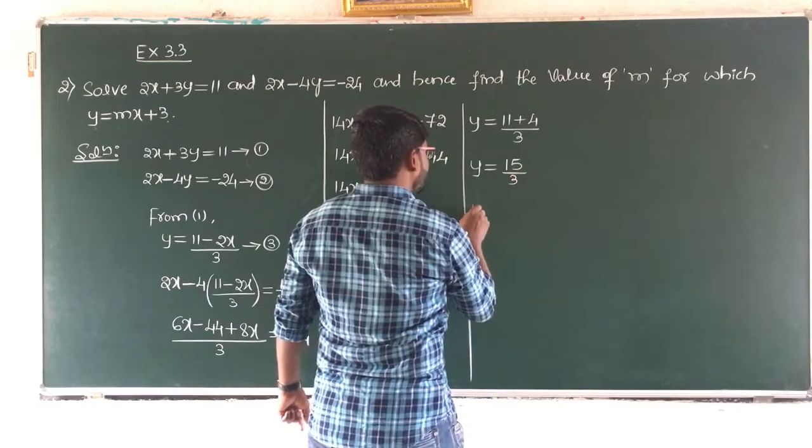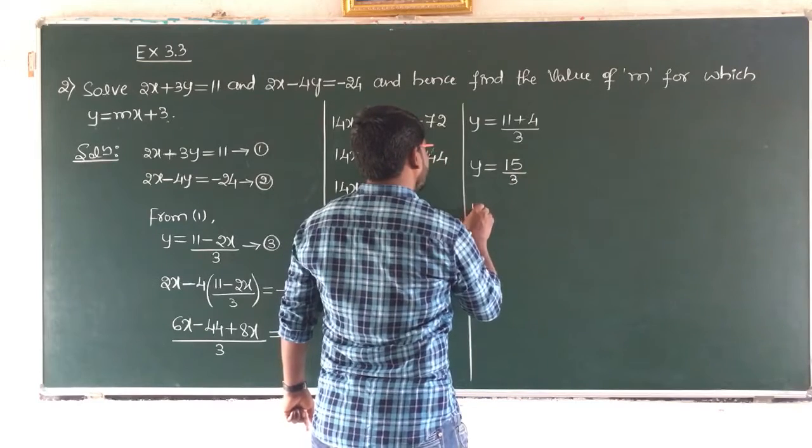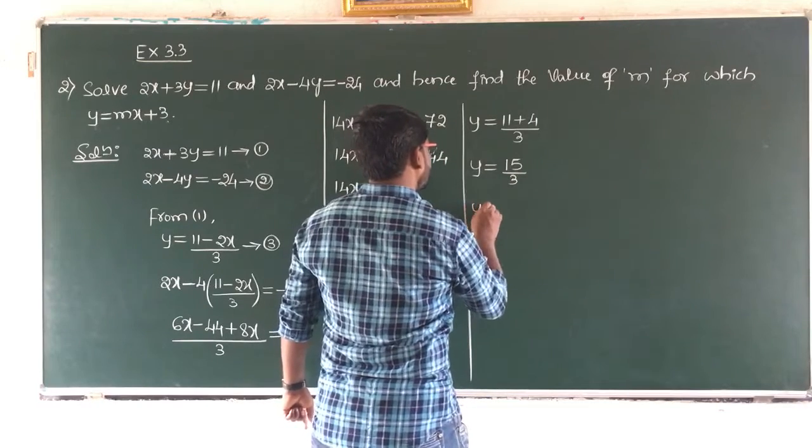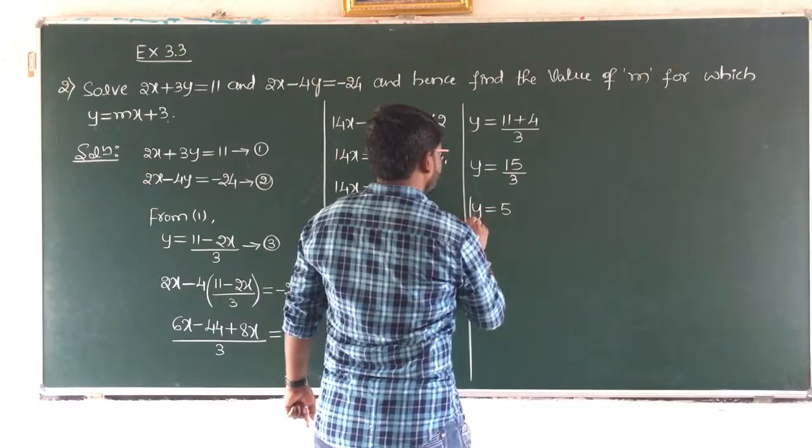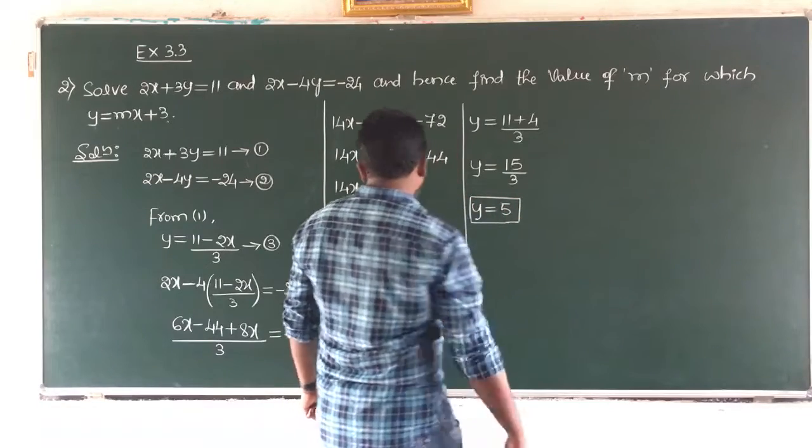So we get y is equal to 5. So we have got the value of x and y.